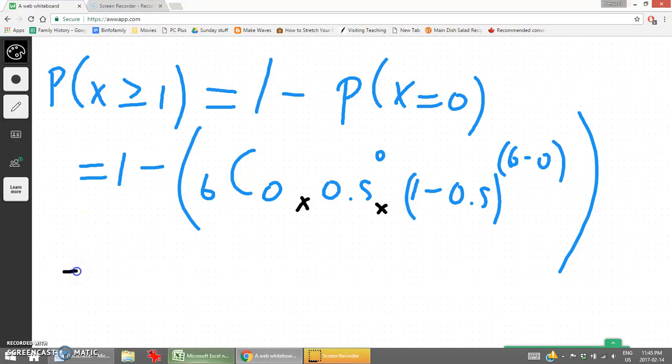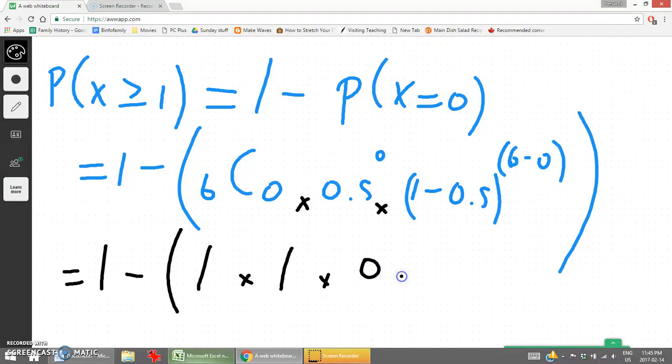So we have 1 minus 6c0, which is 1. 0.5 to the power 0 is also 1. Anything to the power 0 equals 1. 1 minus 0.5 to the power 6 would be 0.0156. And that is in brackets.